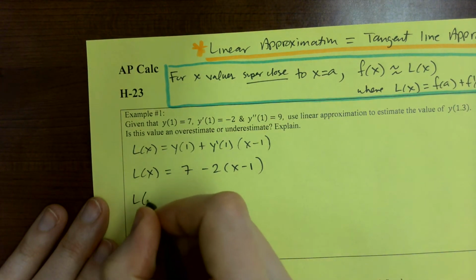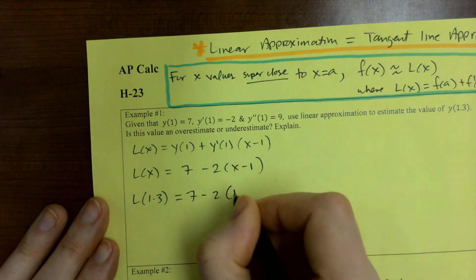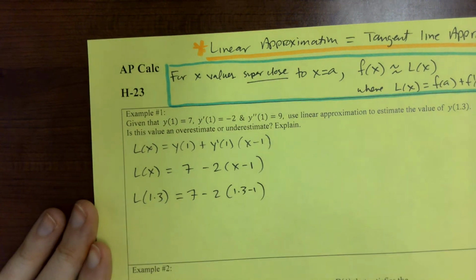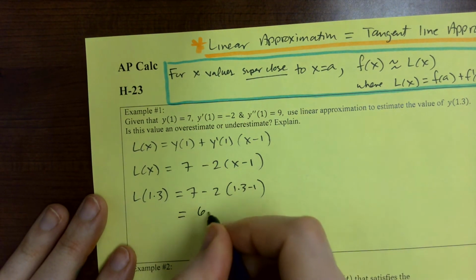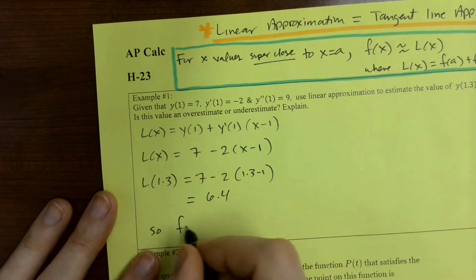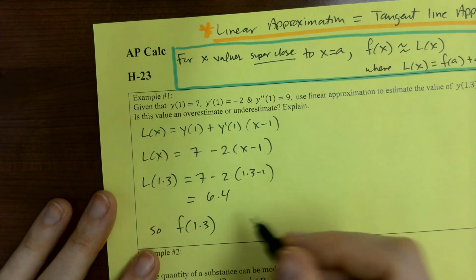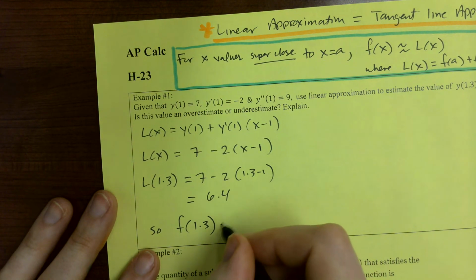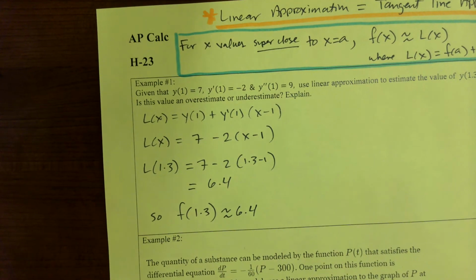So L of 1.3 is 7 minus 2 times 1.3 minus 1, and I already did this, equals 6.4. So f of 1.3 is approximately 6.4.